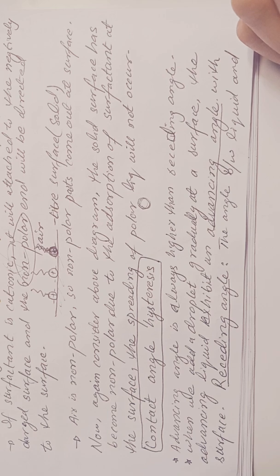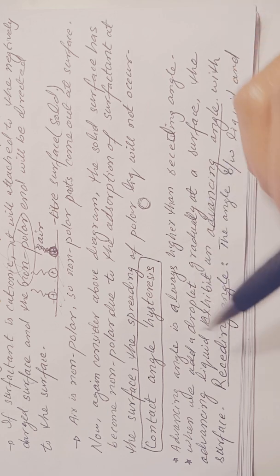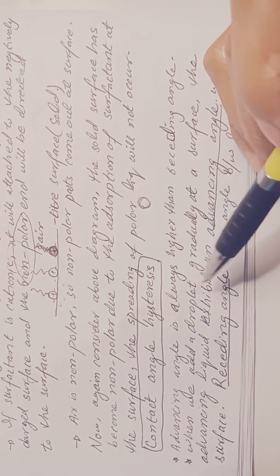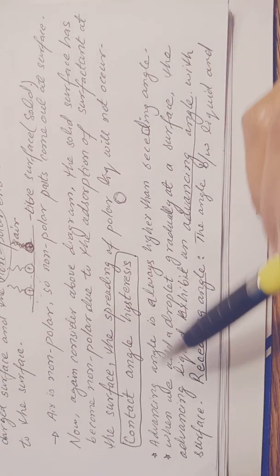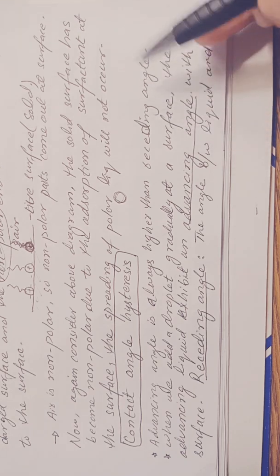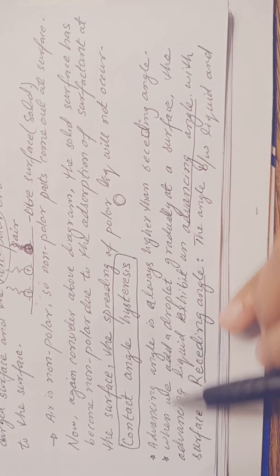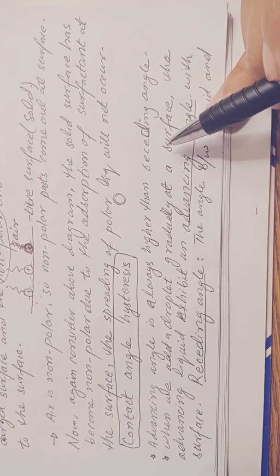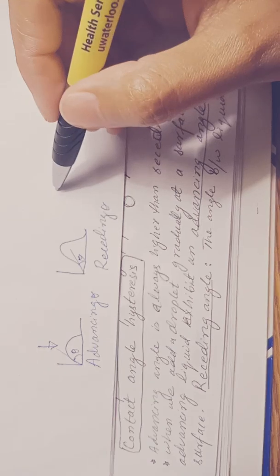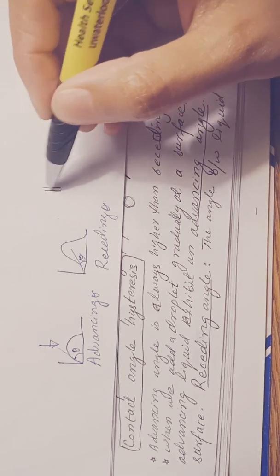Now here we need to consider another piece of information, that is the contact angle hysteresis. Let's understand what the contact angle hysteresis is. It is that the advancing angle is always higher than the receding angle. What are the advancing and the receding angles? Here we have two figures, and the liquid is poured from the micropipette.